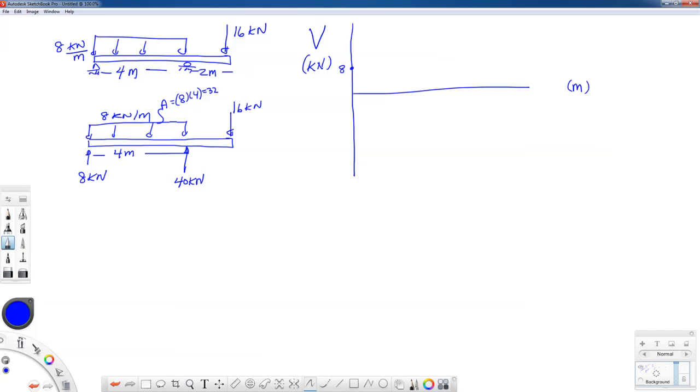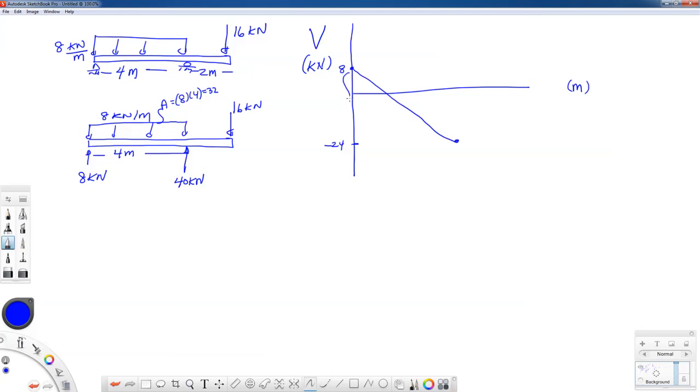Well, hang on, let me say that right. 8 times 4 is 32. It has an area of 32 units. That's going to cause a decrease in my shear force of 32 units. So that means I'm going to be down here at minus 24 units after I go a distance of 4 meters.